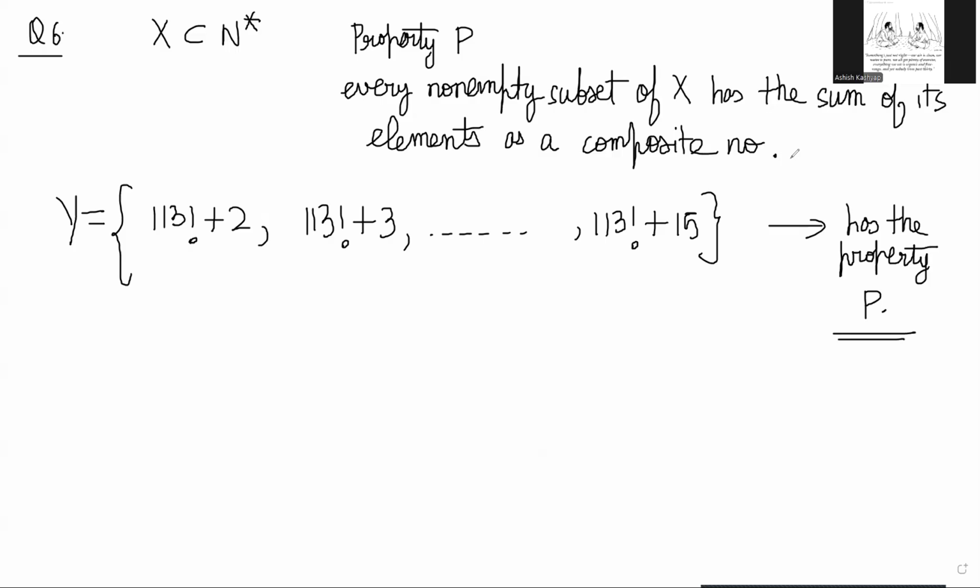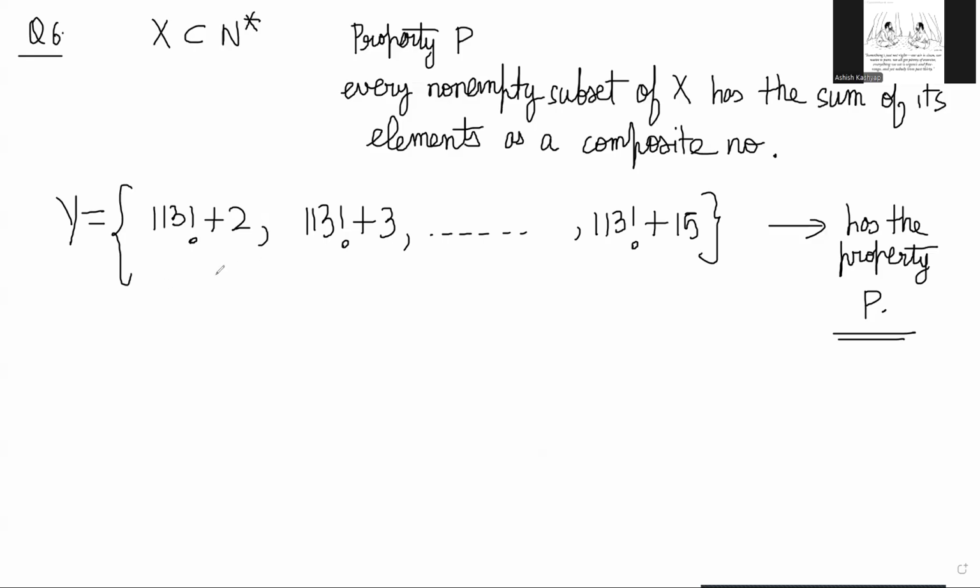So k is at most 119. So if k is less than or equal to 113, then the subset sum will be composite because it will divide, because then k will divide 113 factorial.